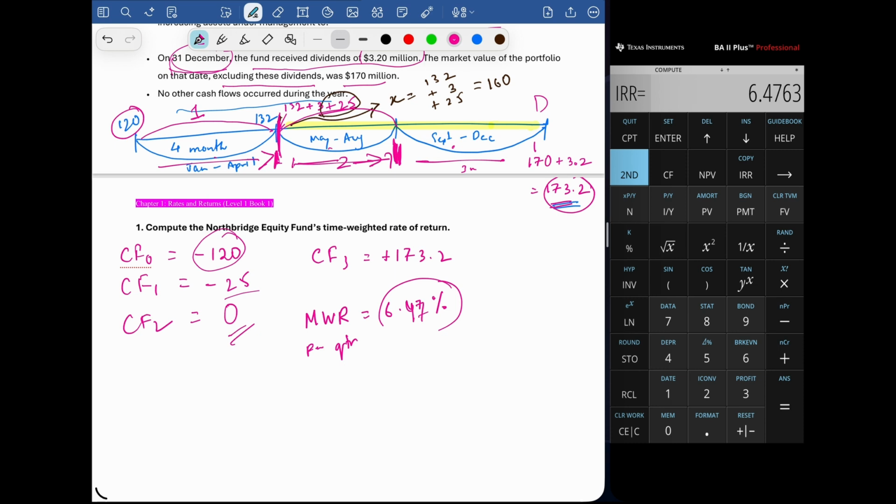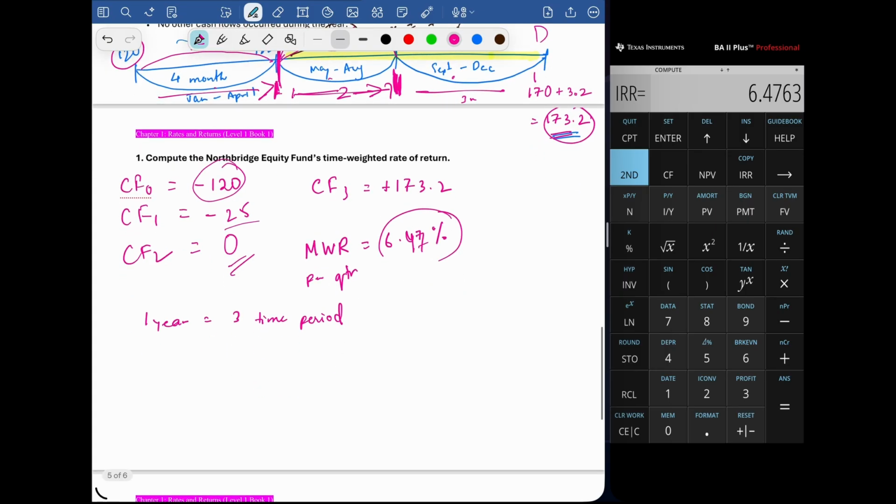One quarter has 3 months. But here we are taking not a quarter but 4 months, a chunk of time period. So we have divided a year into 3 time periods.